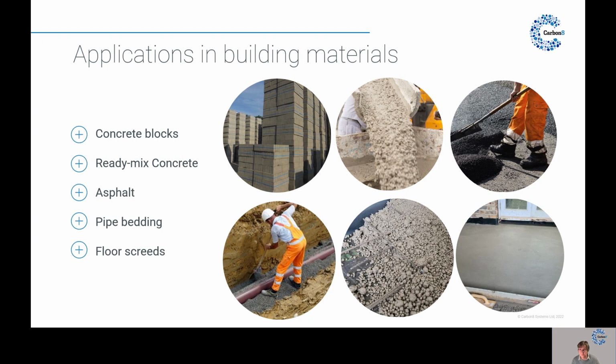The material can be used in ready-mix concrete. There are examples where it's been used in asphalt for footpaths or cycleways. It makes an ideal material for pipe bedding because of its round shape. The utility pipes can be bedded quite readily into the material.